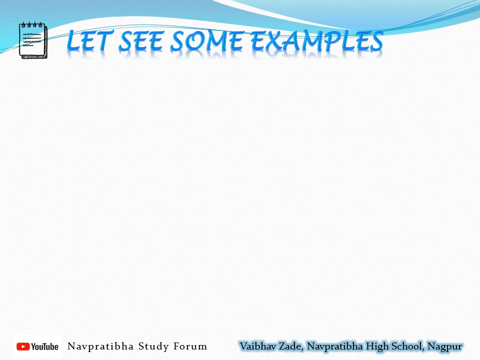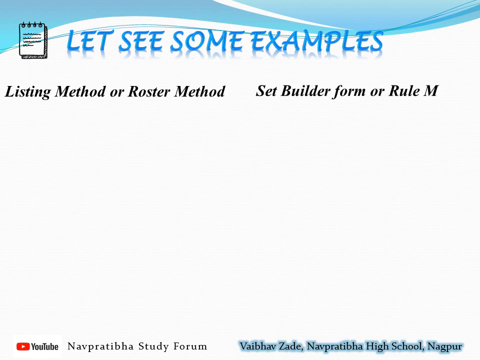Let's see some other examples. Here we comparatively see the listing method, or roster method, and the set builder form, or rule method. First example, S equals 1, 4, 9, 16, 25, 36 and so on. What we get here is that S contains 1 square, 2 square, 3 square, 4 square, 5 square, 6 square.